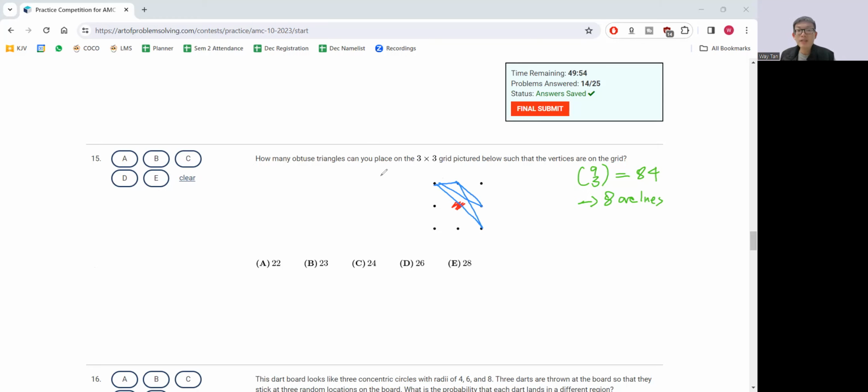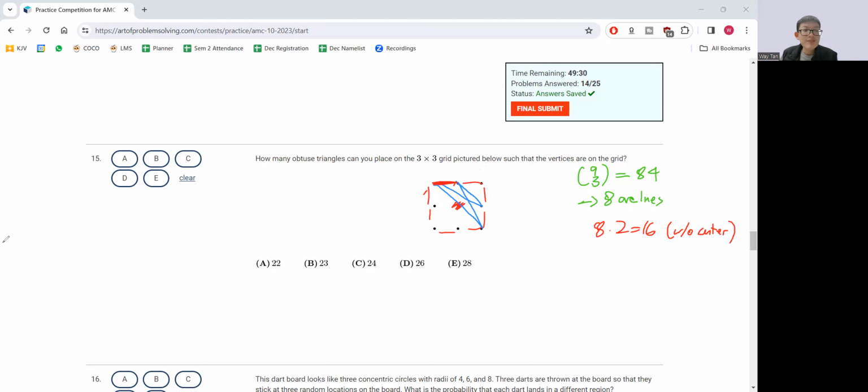Unless I'm missing anything, which I may well be, for each of these edges there are 2 places where you can jump to that give you an obtuse triangle. There are 1, 2, 3, 4, 5, 6, 7, 8 edges, times 2. So 8 times 2 is 16 without the center.